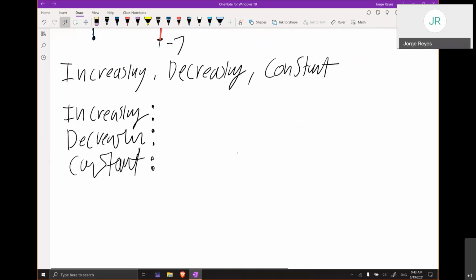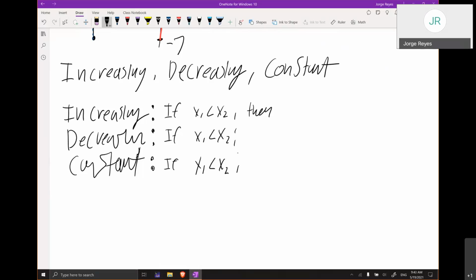So okay, when you're moving along your function, so you're going left to right, okay? So if you're following along with your function, a function is increasing if you basically are going up.